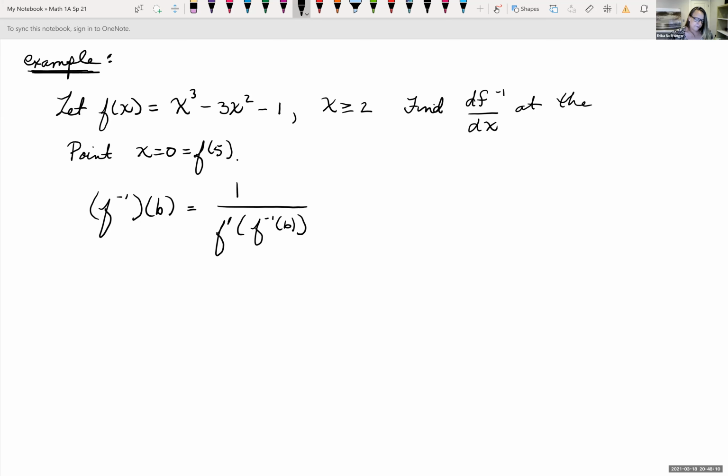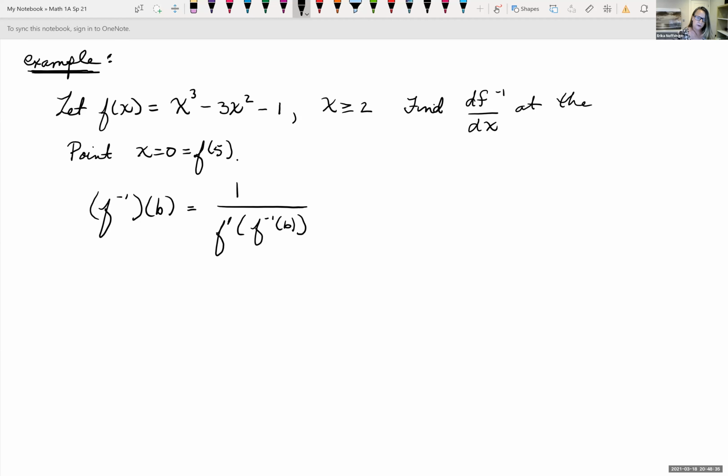Okay, so let f of x equal x cubed minus 3x squared minus 1. We're going to limit our domain, in this case, to x greater than or equal to 2. We want to find the derivative of the inverse function with respect to x at the point when x is 0. That is equal to f of 5.